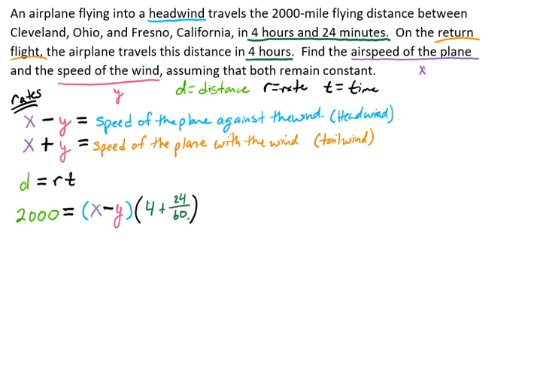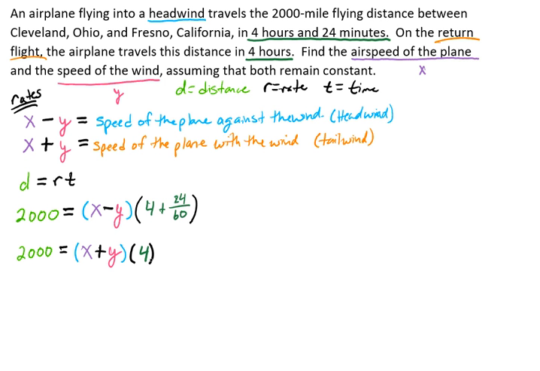For our second one, we still have a distance of 2,000, because the distance between Cleveland, Ohio and Fresno, California did not change. This time we're traveling with our tailwind, so our rate is x plus y, and our time is just the 4 hours.